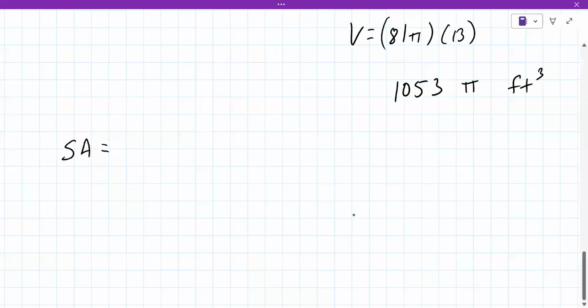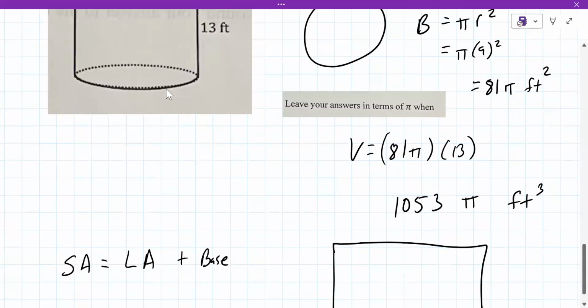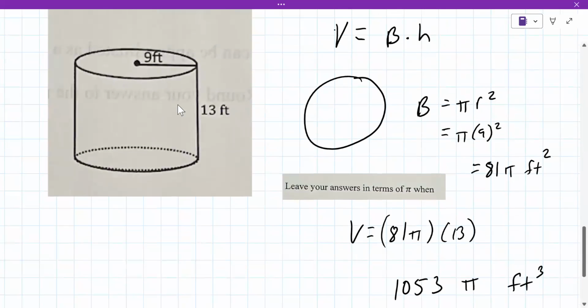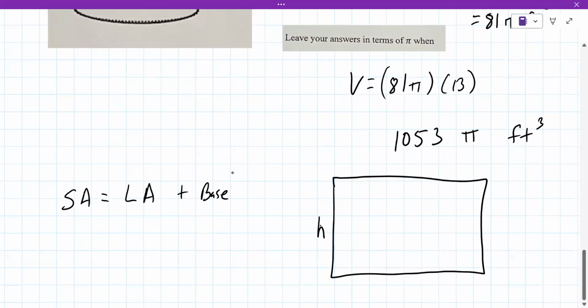To calculate the surface area, it's the lateral area plus the area of the bases. In a cylinder, the lateral area is a rectangle. If you've ever peeled the label off of a soup can or some vegetables, the label is a rectangle. The height of the rectangle is the height of the cylinder.